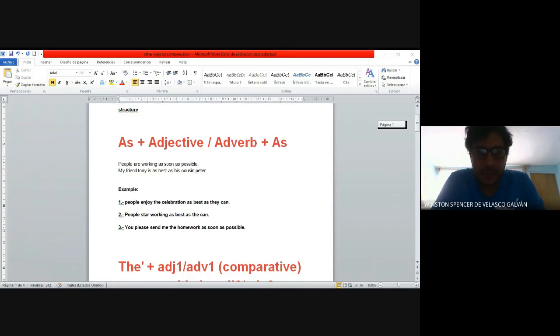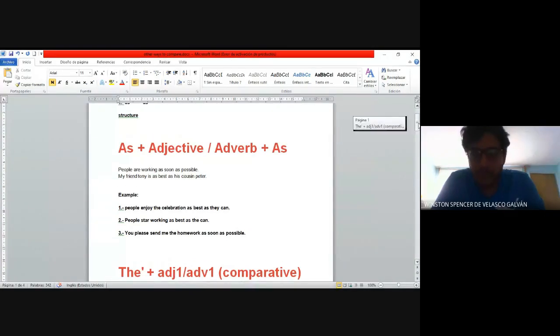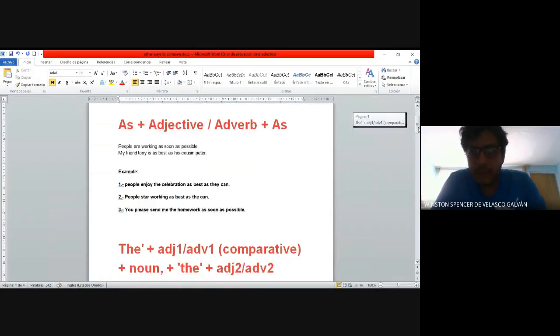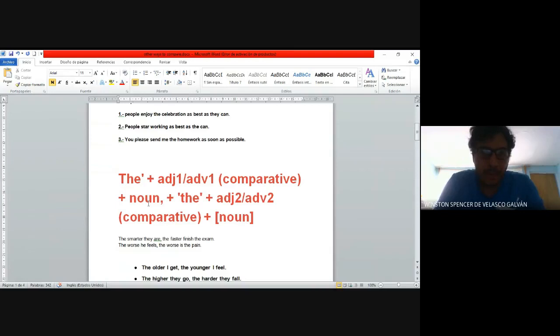Now, it is time to explain to you the following structure. Here we go. After this, we got the following ways to compare. Look at this. We got the following structure. We got the word the, plus we need to make a comparative. Yes?